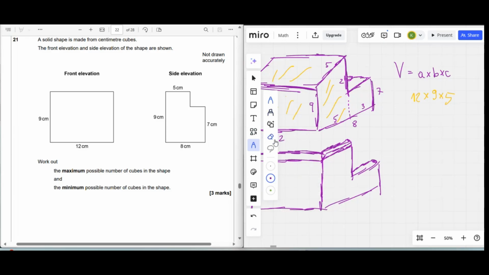And the second piece at the back will be 3 times 7 times 12. That length will be the same, times 12.